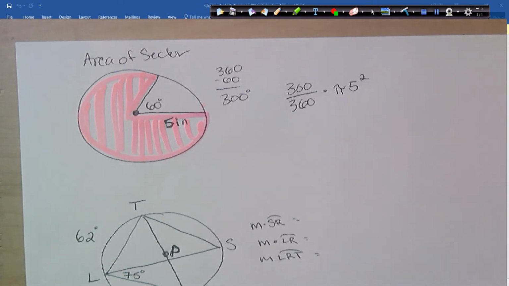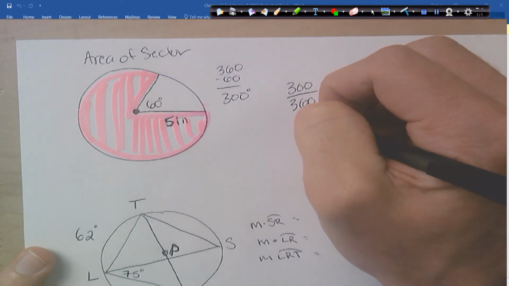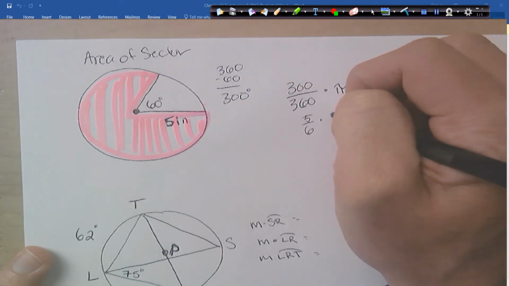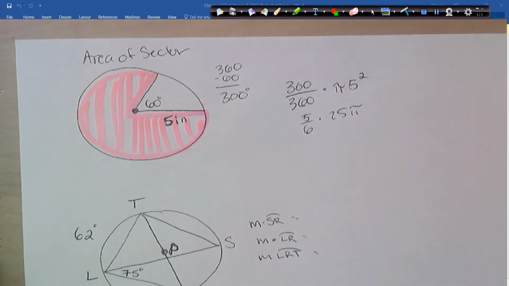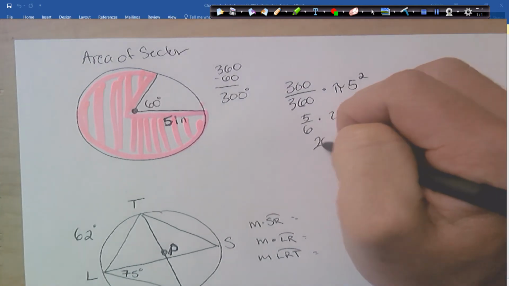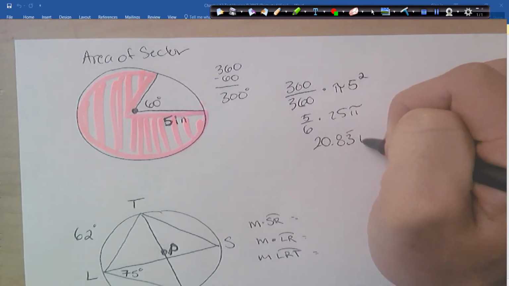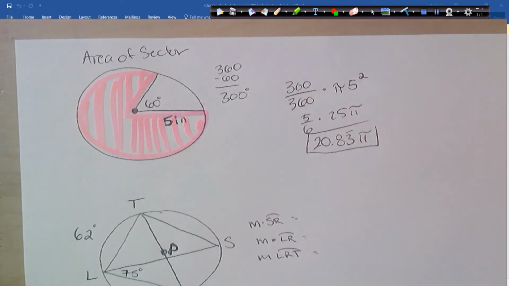Okay, so you set it up just like that. So 300 divided by 360 is also known as 5 over 6 times 25 pi. And we can go ahead and multiply those together. And we're going to get roughly 20.83 repeating pi as the area of the sector.